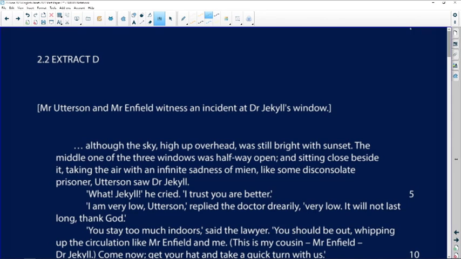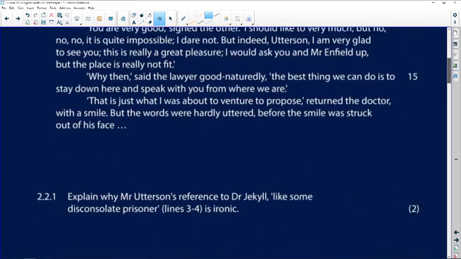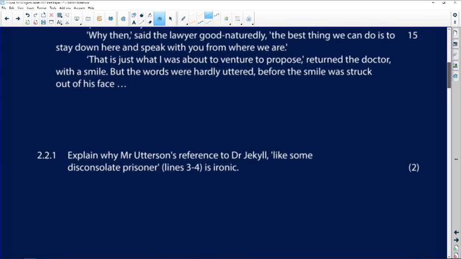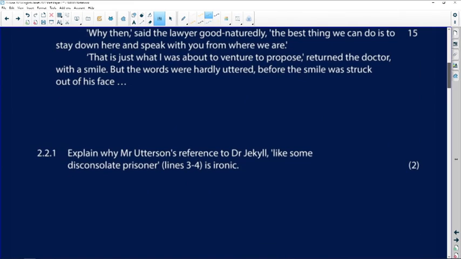We've got extract D. Once again, we've got something in inverted commas. You've got the description, the simile.